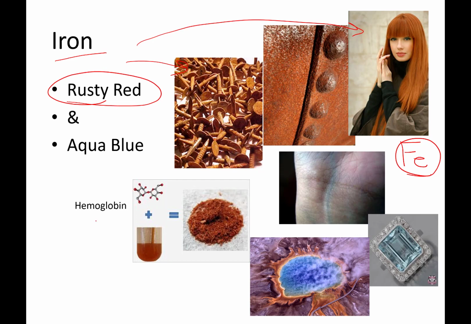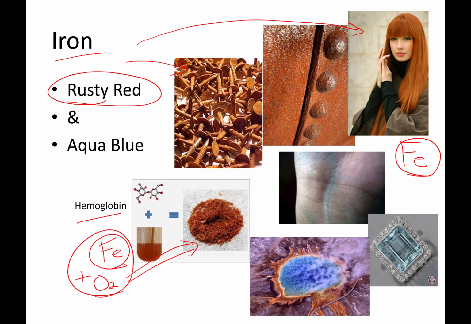The hemoglobin in our blood also contains iron, and it's those iron compounds that react with oxygen that gives us nice oxygenated blood that gives us this beautiful rusty red color. We've all had a cut on our hand or something and seen that red blood. But in veins, the blood is kind of this aqua blue. Well, iron bonds in two ways.